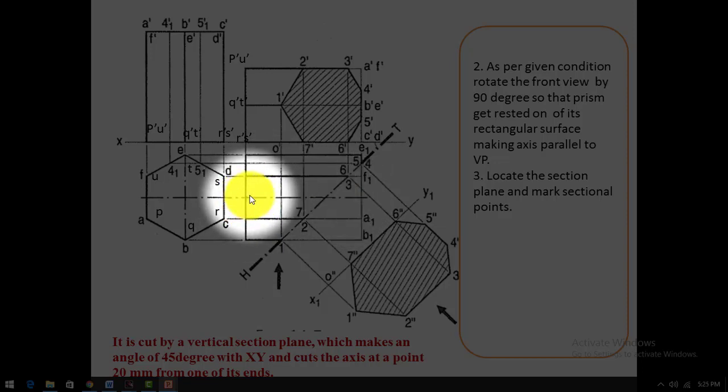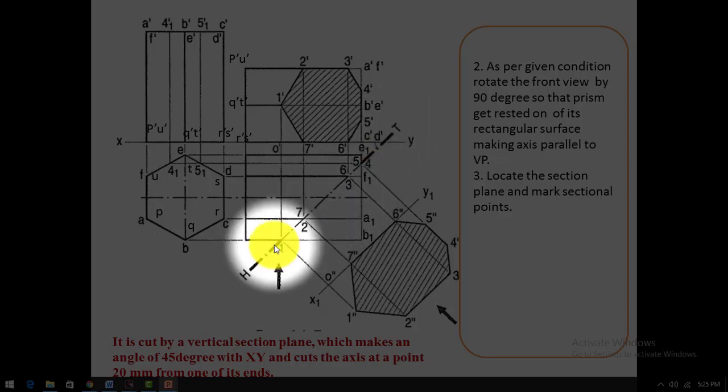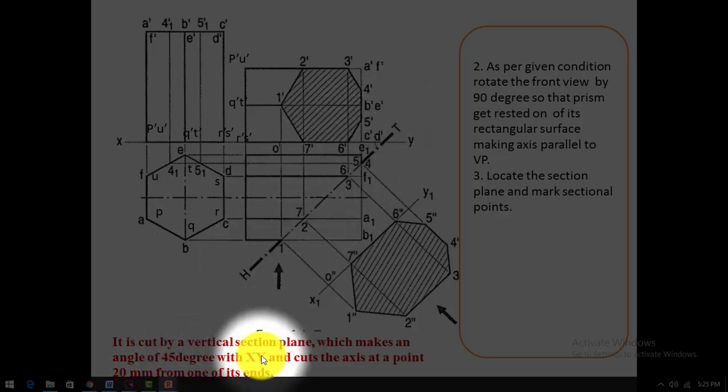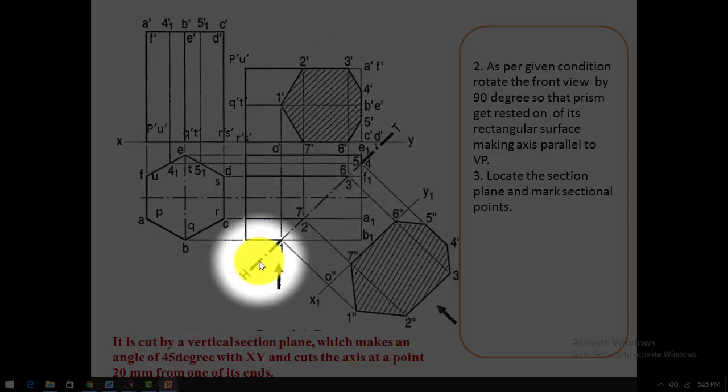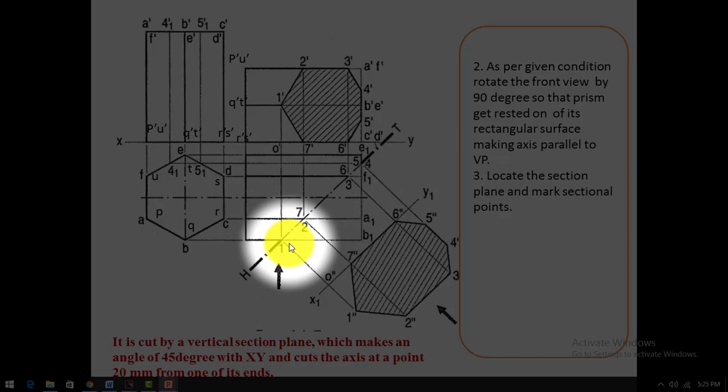So you may take 20 mm from this point or from this point. I have taken 20 mm from the right point, and here you have to draw the section plane, that is a line inclined at an angle of 45 degrees. Draw this line with the help of a center line, making its ends thick.